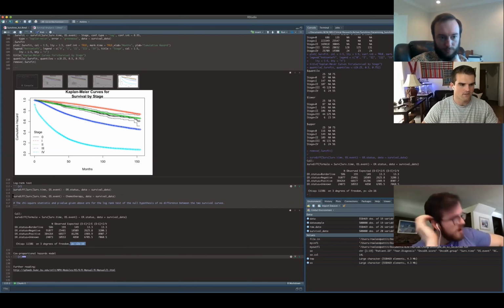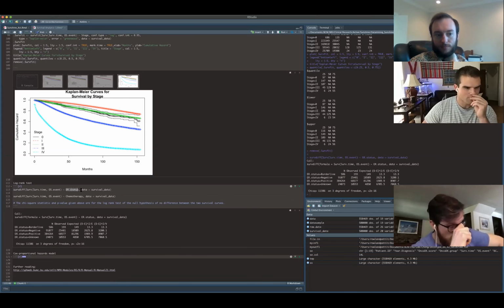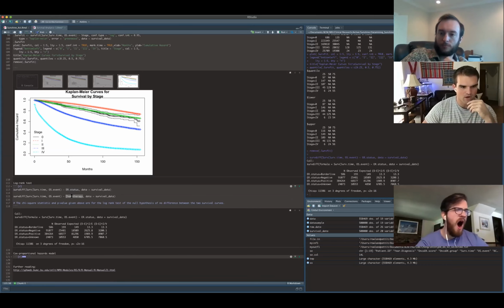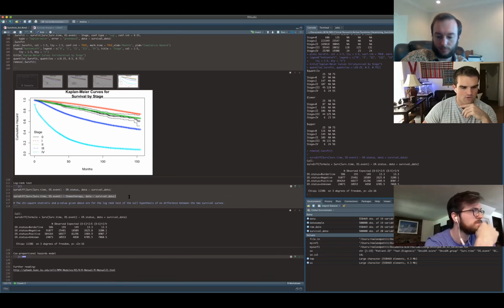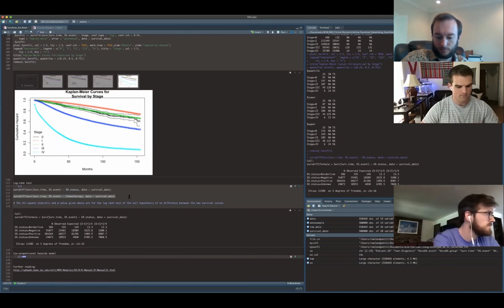If I change ER status, which has 4 types, to chemotherapy, which is yes or no, then we'll be looking at the difference in the survival curves only between patients who received chemotherapy versus those who did not.